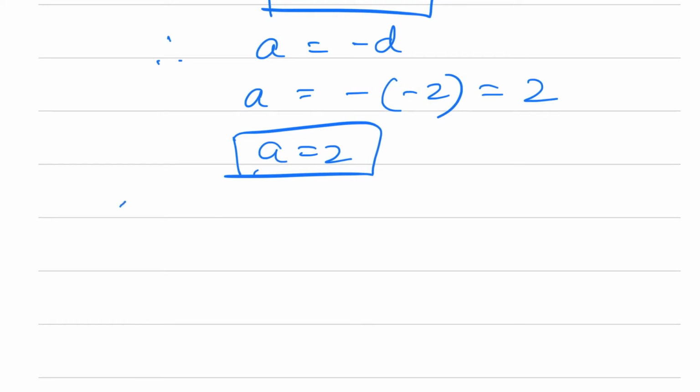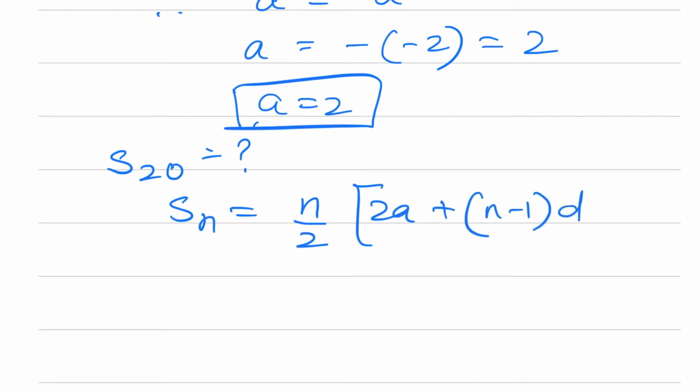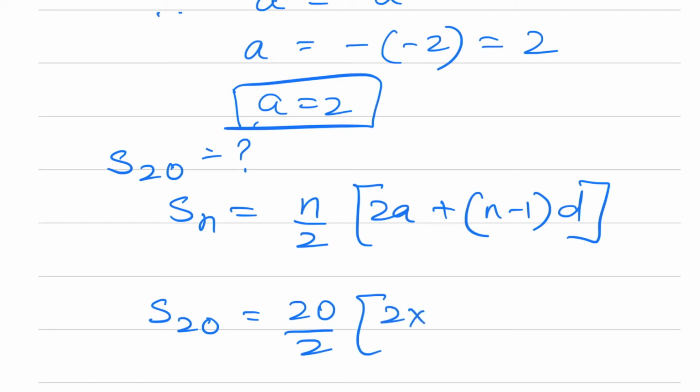Now we have to find the sum of the first 20 terms. And we know the sum of n terms is equal to n by 2 times (2a plus (n minus 1) into d). So let's substitute for 20. We have 20 by 2, (2 into 2 plus 19 into minus 2).